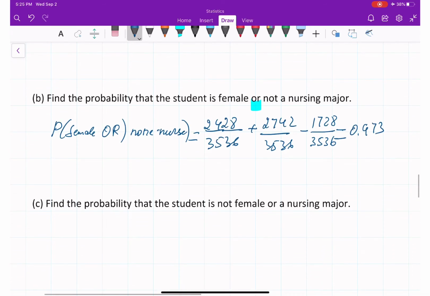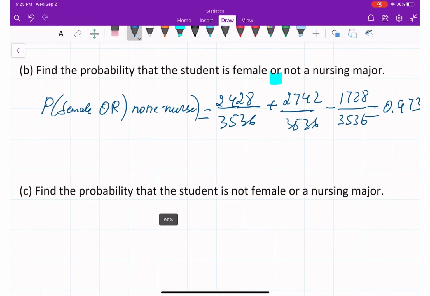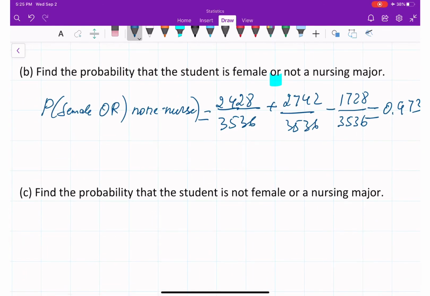Find the probability that student is not female or nursing major. So, probability, not a female, or, again, or, which is we're going to add nurse.